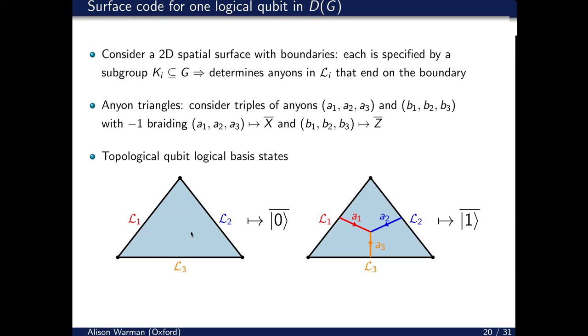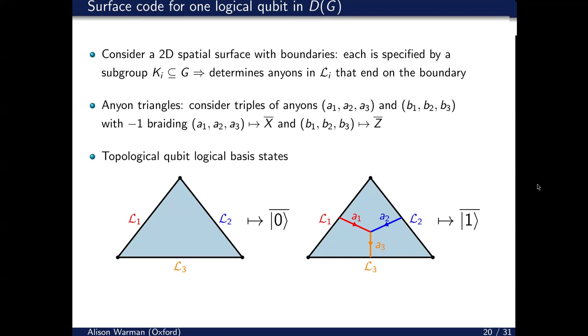Here, this triangle is the spatial cross-section of our 2+1 D TQFT with 3 boundaries. And these boundary conditions are such that A1 can come out of L1, A2 for L2, and A3 into L3. So this is a non-trivial global degree of freedom given by this trivalent anyon junction, and it's therefore a topologically inequivalent state compared to the trivial one.